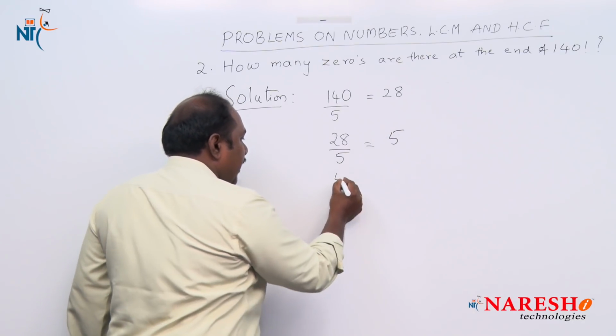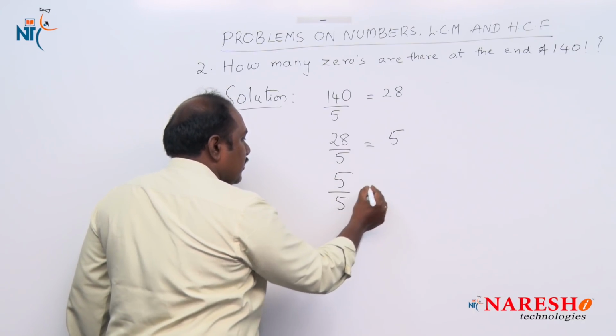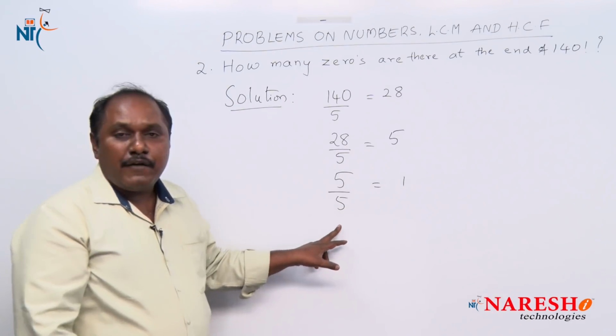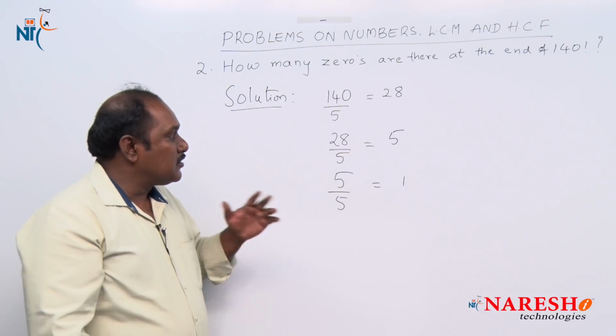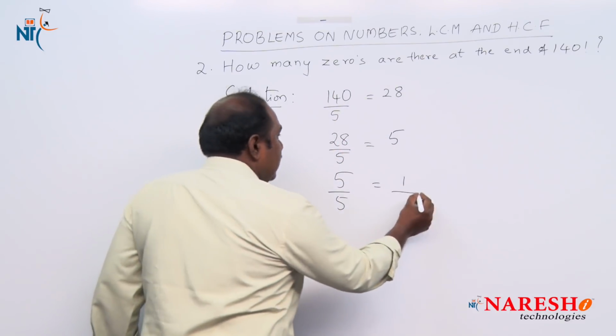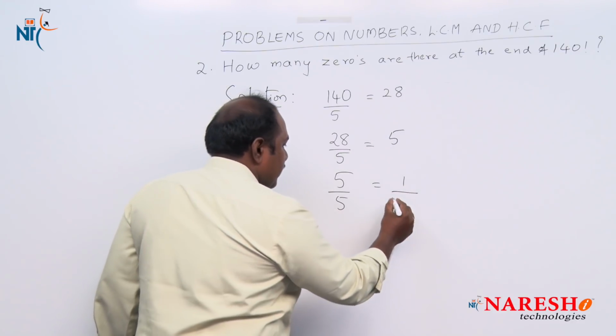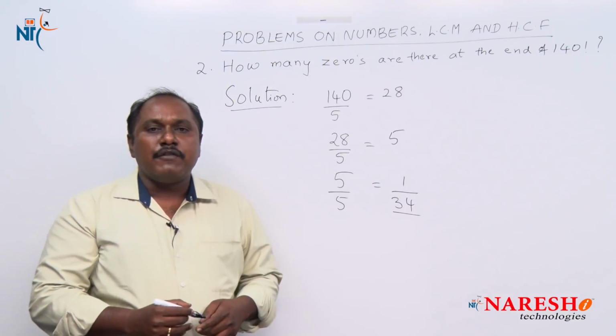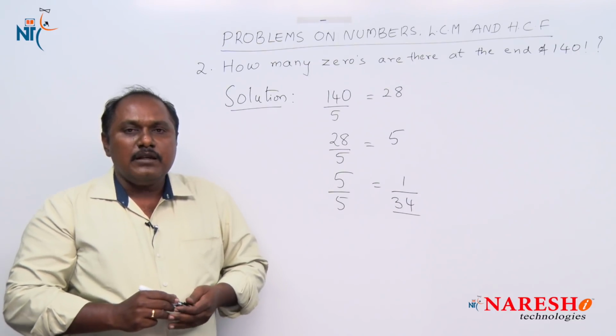Now 5 again divided by 5 is 1. Now 1 is a number which is less than 5, which I cannot divide. So stop, add the 3 answers we got. So 28 plus 5 plus 1, the answer is 34. So the number of zeros at the end of 140 factorial will be 34.